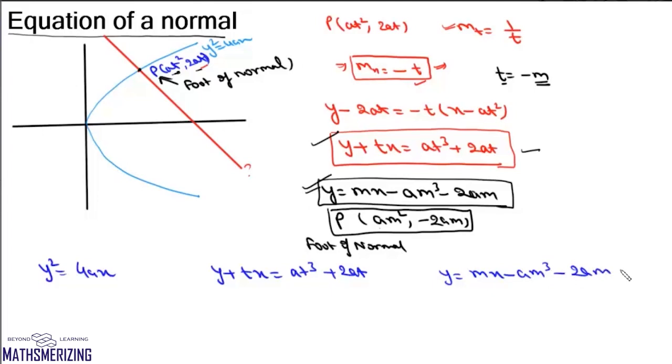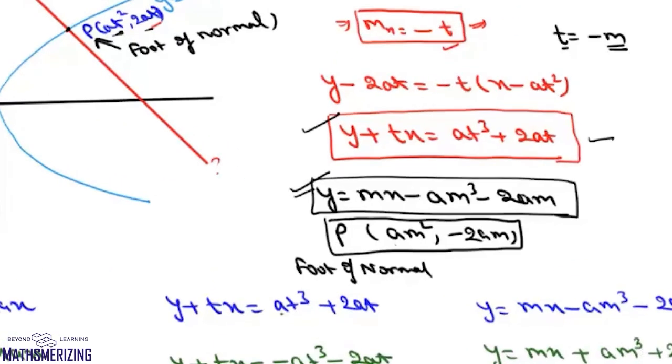Now if the equation is of the second form, which is y square equals minus 4ax, then all we need to do is replace a with minus a. In that case, the equation of normal will be y plus tx equals minus at cube minus 2at, or y equals mx plus am cube plus 2am.